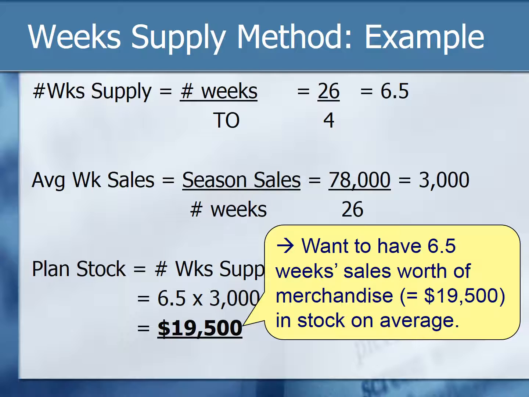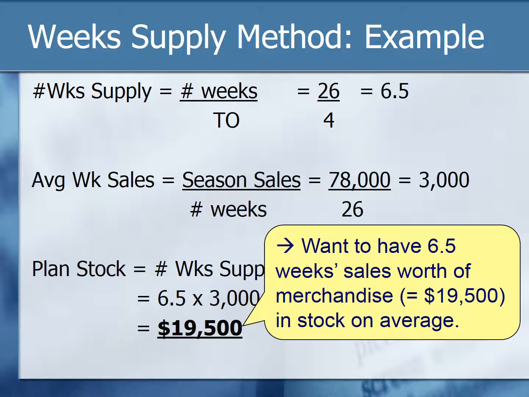Now, comparing the planned stock from the week supply method to the SSR method: the SSR method gave us the BOM stock level, right? So for the beginning of month, how much we're going to carry. And we plan the BOM for each month separately because we have an SSR for each month separately. Whereas when we use the week supply method, we don't plan each month separately.